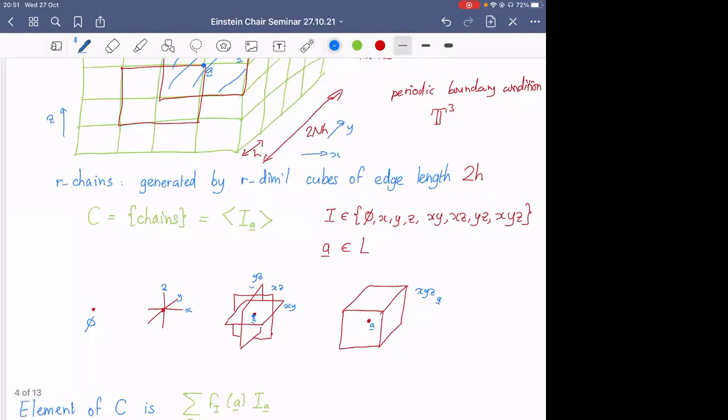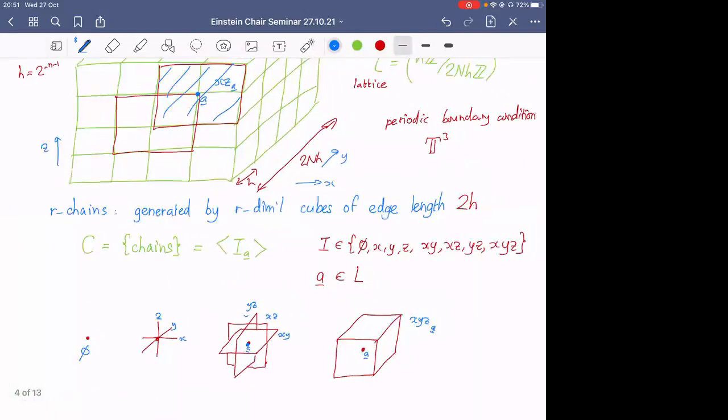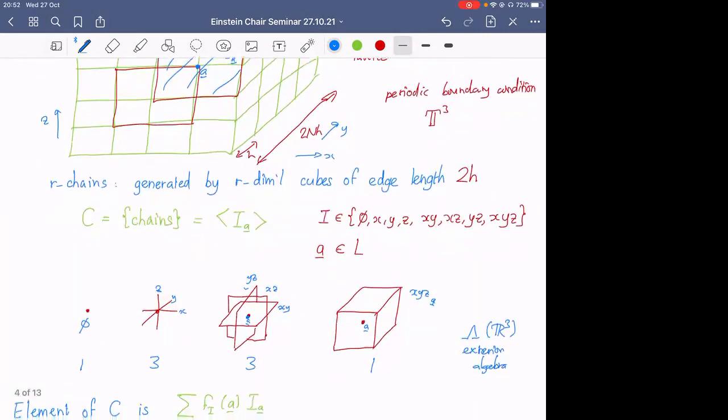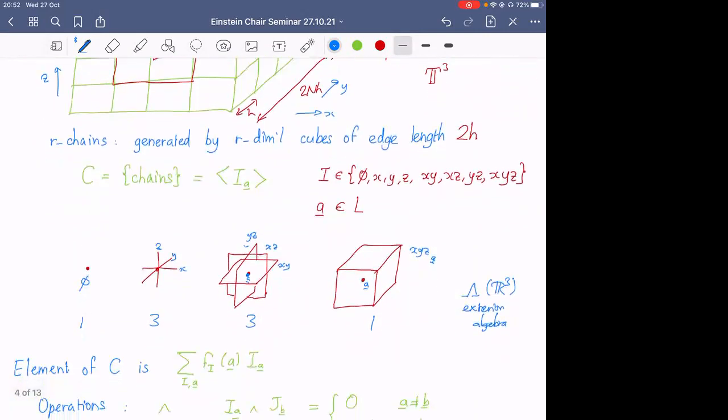Now with the geometry we have here, for a particular center A, we have 8 possible cells. And the geometry here is just that of the exterior algebra of R3. In other words, at a point you have an exterior algebra acting, and you can take wedge products.